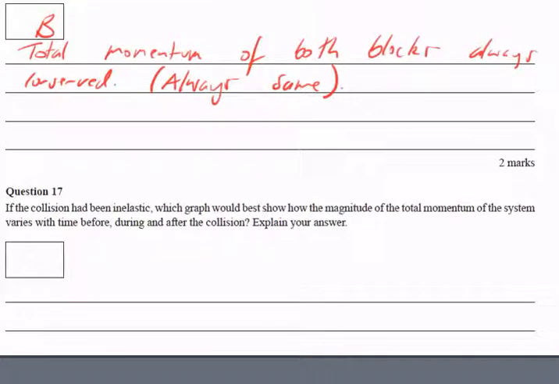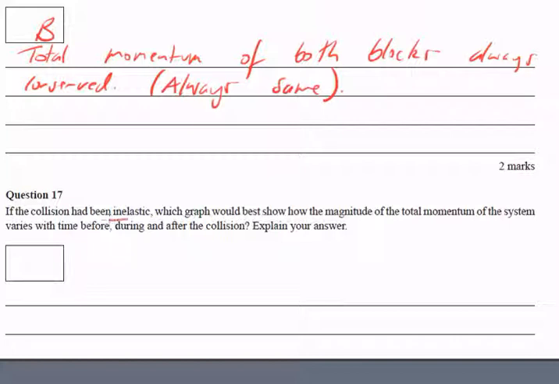And the last one: if the collision had been inelastic, which graph would best show how the magnitude of the total momentum of the system varies before, during, and after the collision? Explain your answer. Right, inelastic collision says that kinetic energy isn't the same before and after, but this is asking about the total momentum of the system.